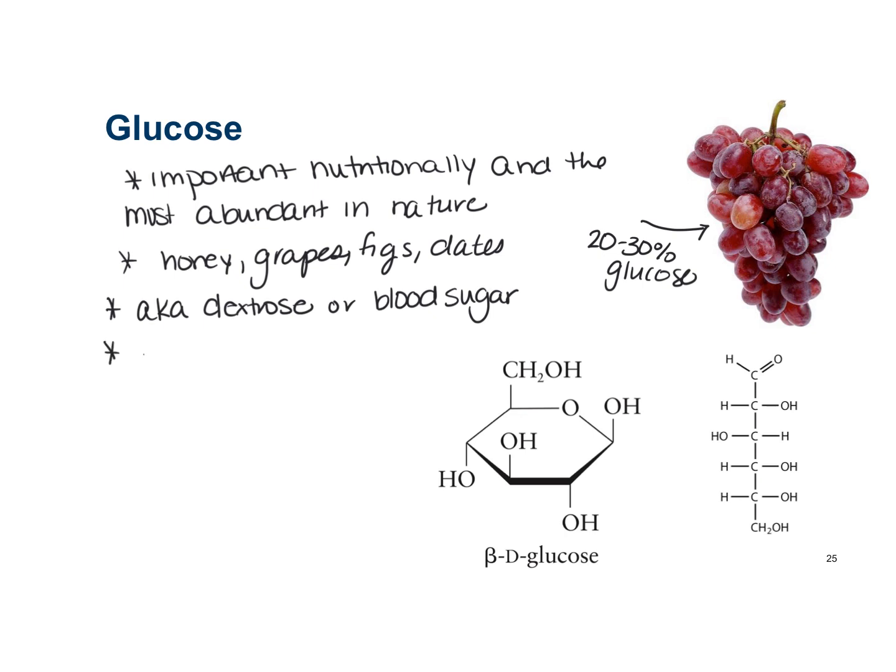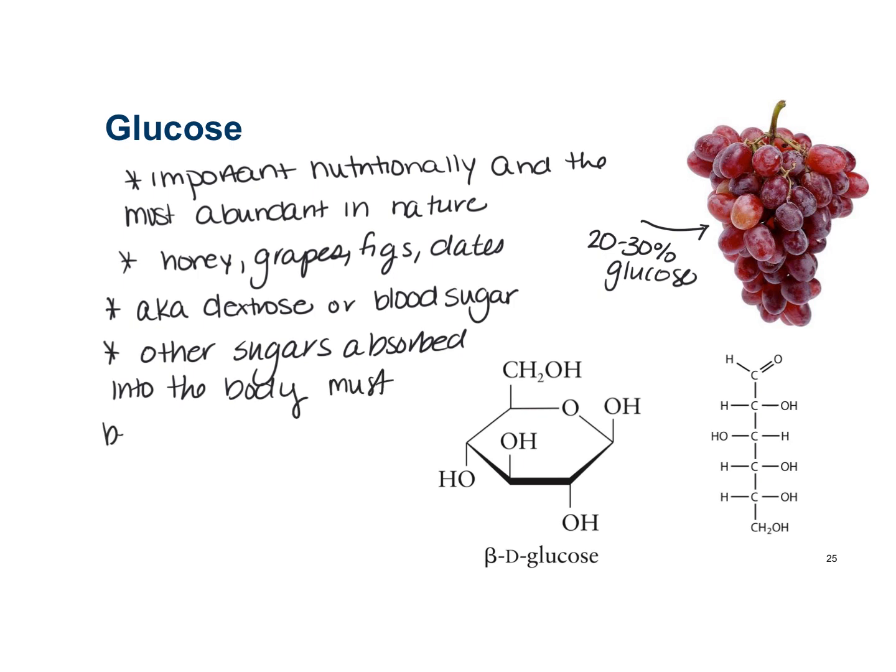So other sugars absorbed into the body must be converted to glucose in the liver. Glucose is commonly used as a sweetener in a lot of our foods.